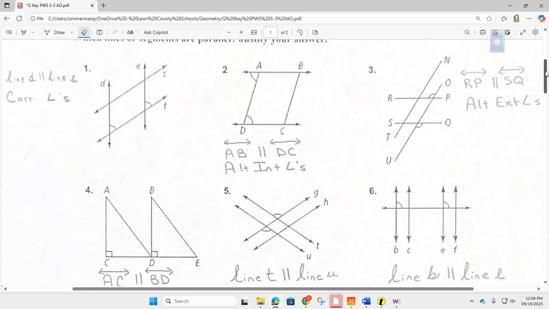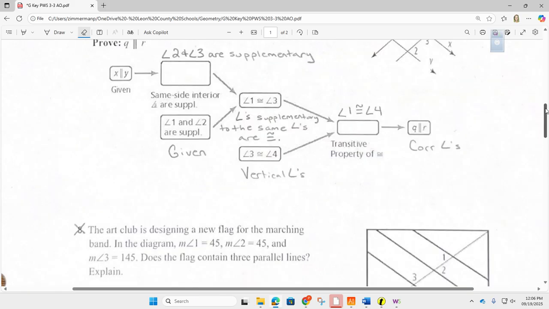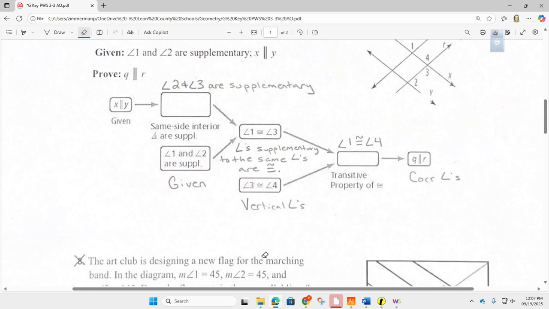All right, so scrolling 4, 5, 6, 7. We are doing 8. I don't have an answer key for it, but if you're not sure about 8, we can do that one together.